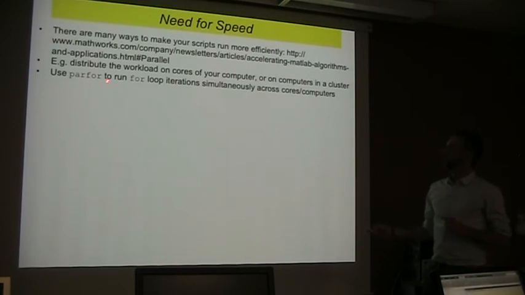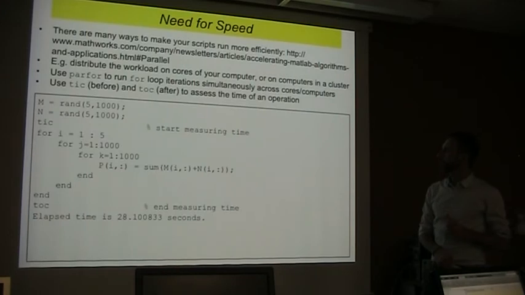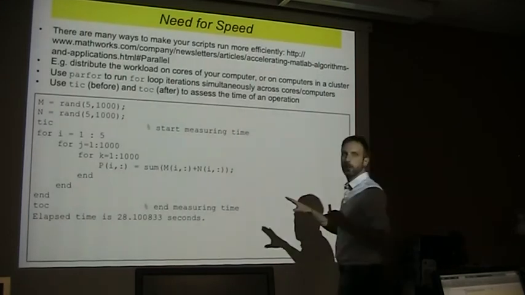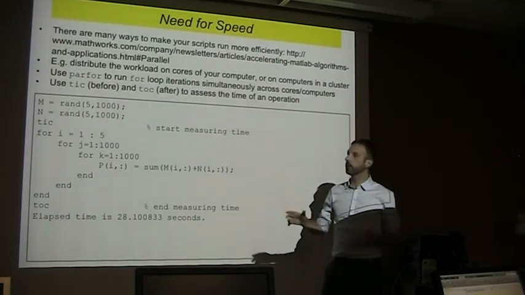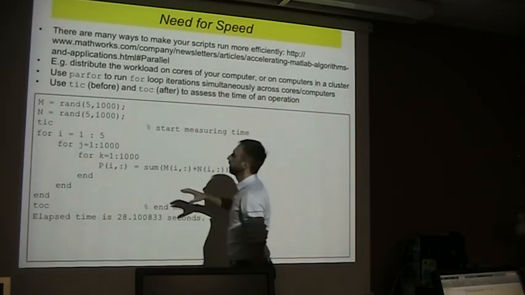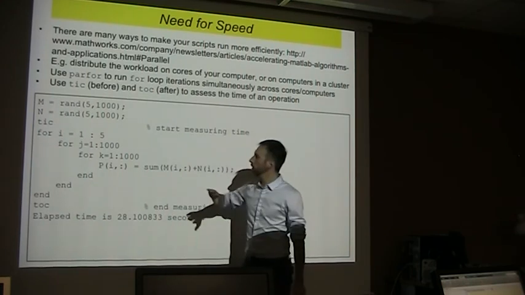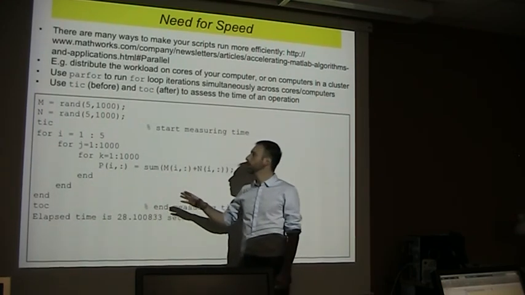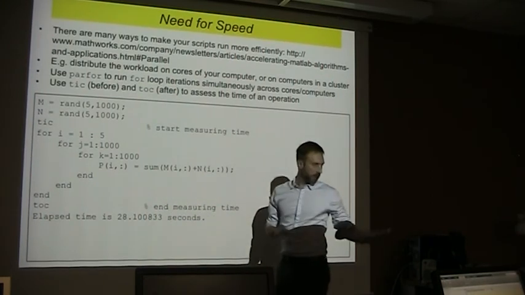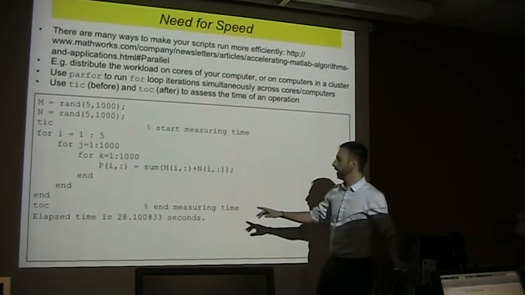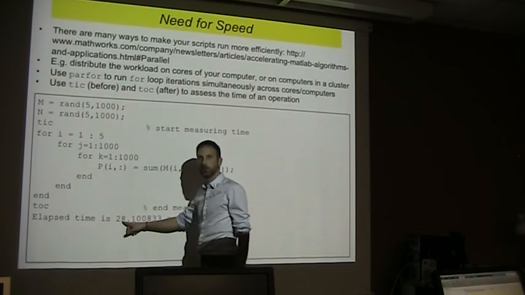If you use parfor, for example, instead of for, you can run a loop spread over cores of your computer, or computers in a cluster. So this again is not doing anything which makes sense, but I found something which, if I run it on my Mac, which is really powerful, nevertheless takes 28 seconds to do.